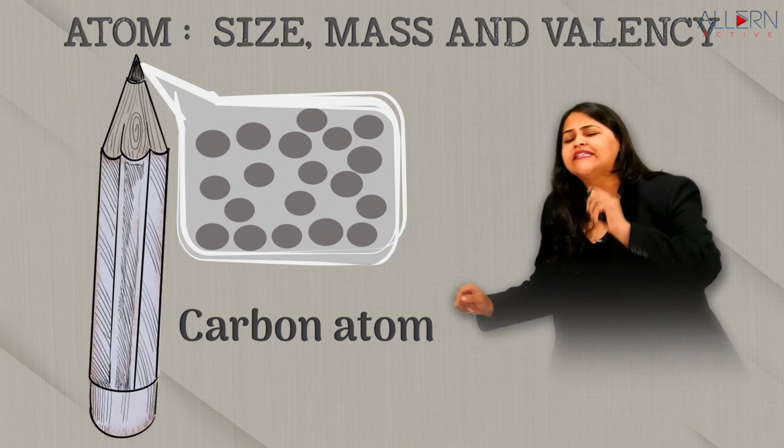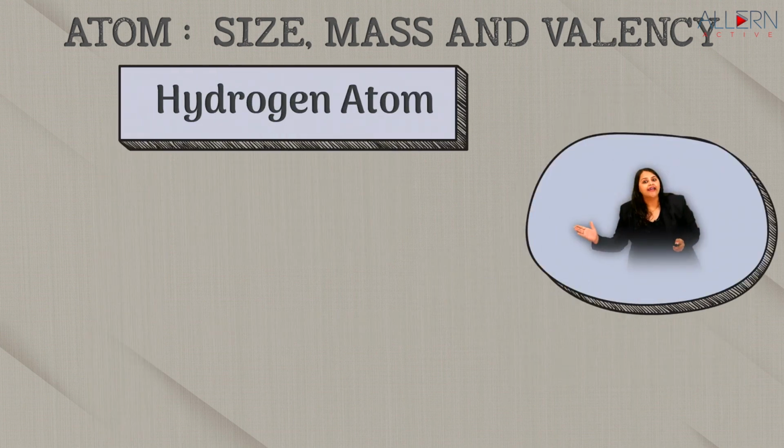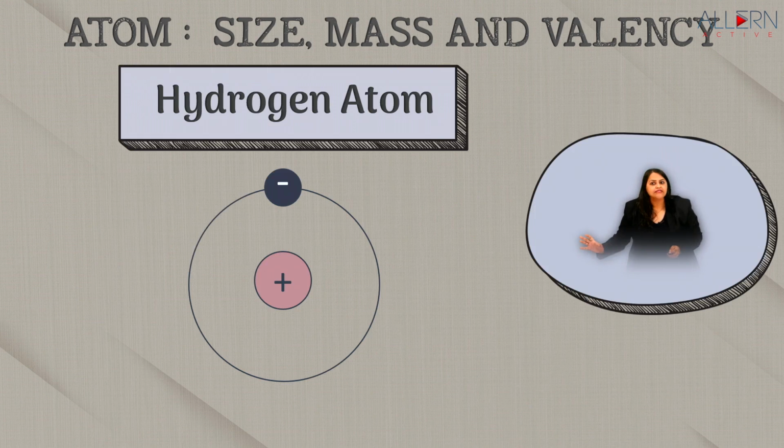So if I want to study an atom, what is going to be simpler than hydrogen itself? Very small, at the same time a wonderful atom to explain the concept. Let's see. When we look at this, the atom is circular in shape. Do you observe some positive charges in the middle? Of course, yes.